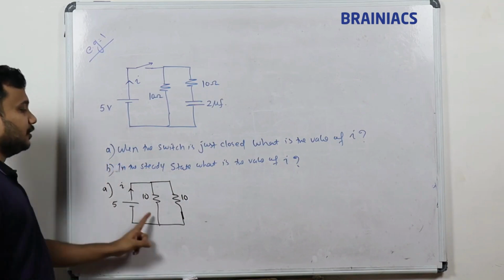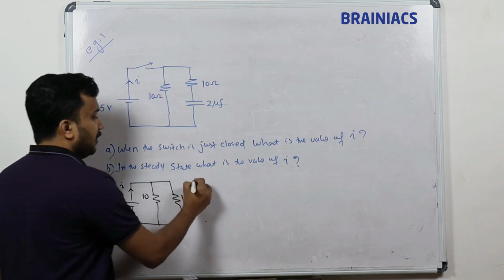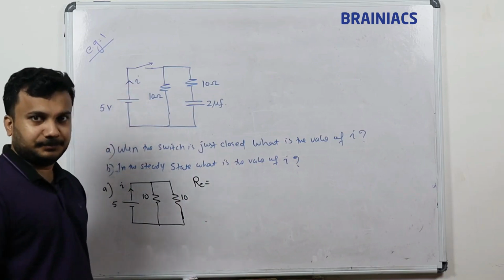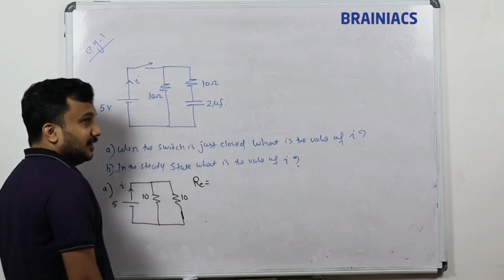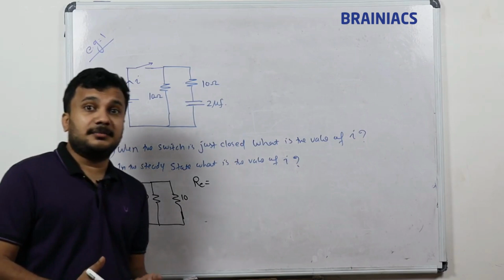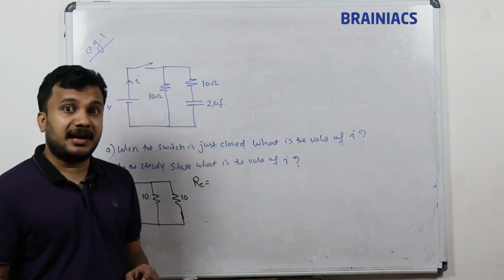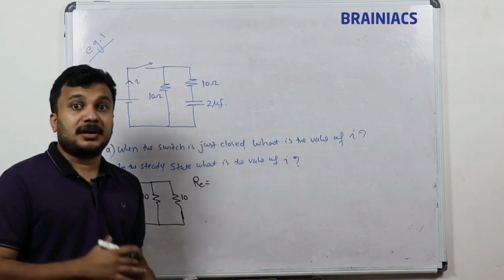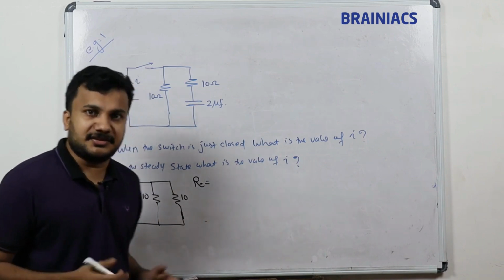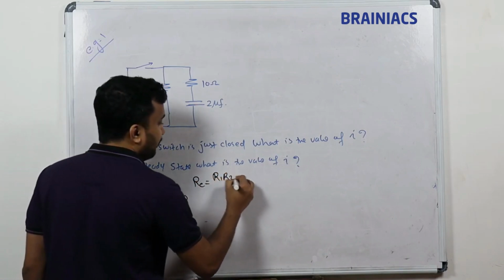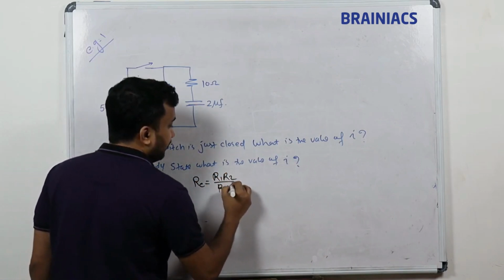So we need to find the total resistance. So R equivalent, resistances are connected in parallel. Capacitances connected in parallel means C1 plus C2. Resistances connected in parallel is equivalent to capacitances connected in series. So R equivalent is, parallel means R1 R2 divided by R1 plus R2.